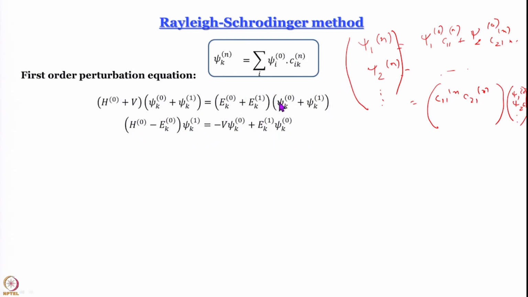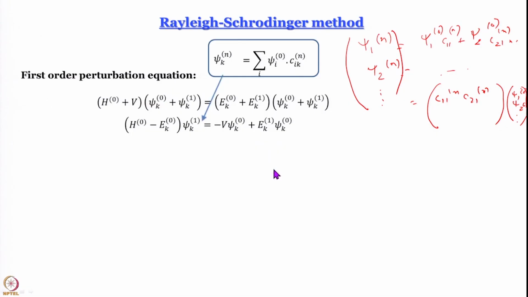I think we have done this earlier also. On the left hand side I have the annihilation operator, but not for psi k 1th, for psi k 0th. It is not going to annihilate psi k 1th. So, H 0th minus E k 0th, sorry for missing the hat here, operating on psi k 1th gives me minus V psi k 0th plus E k 1th psi k 0th.